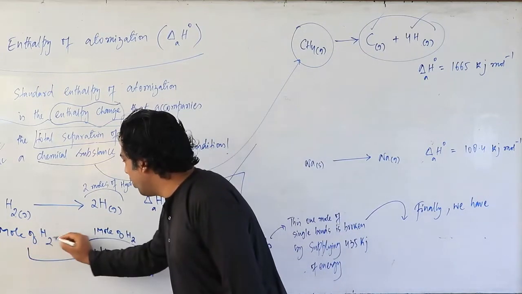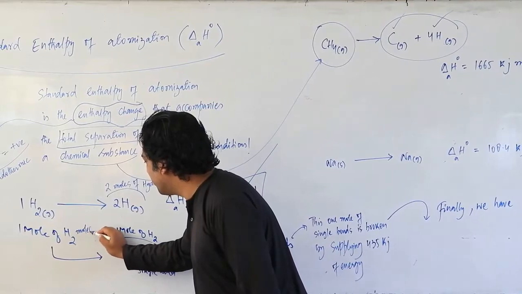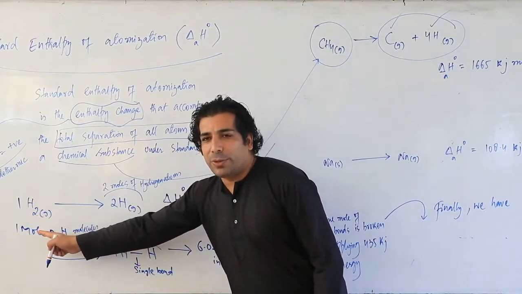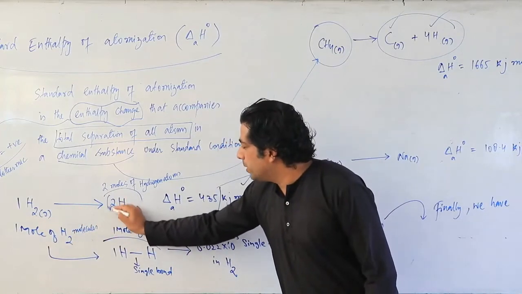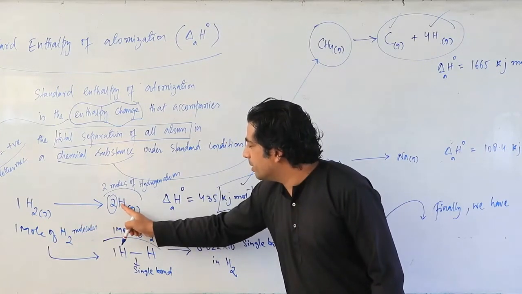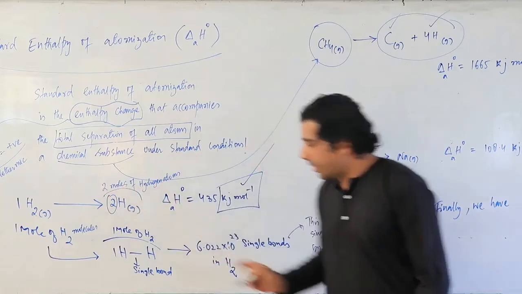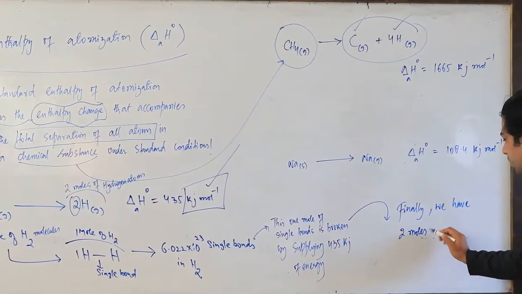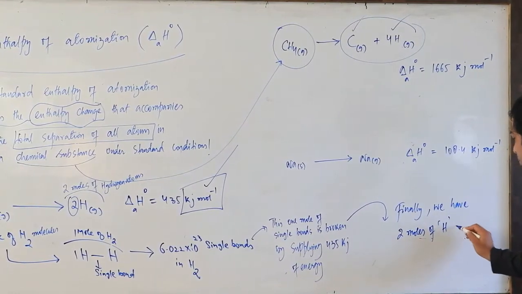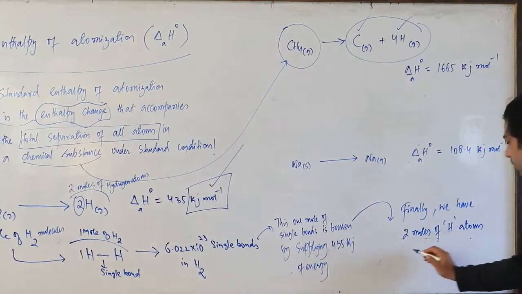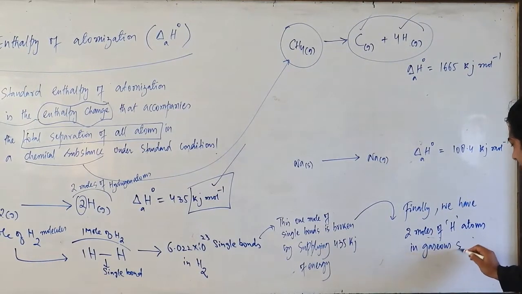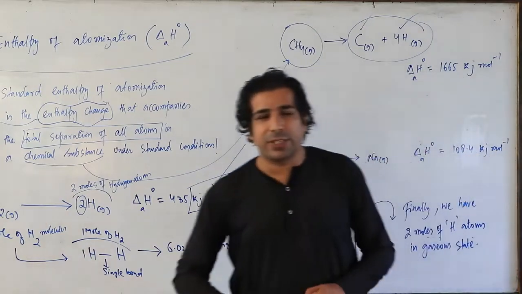It's 1 mole of hydrogen H2 molecules, and 1 mole of H2 molecules gives me 2 moles of hydrogen atoms. So finally we have 2 moles of hydrogen atoms, and this is very important. They have to be in the gaseous state. Obviously the 2 moles of hydrogen atoms will be in gaseous state.